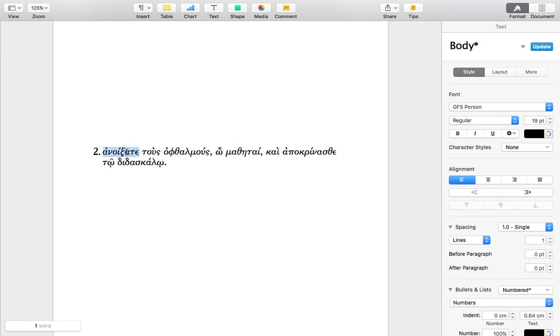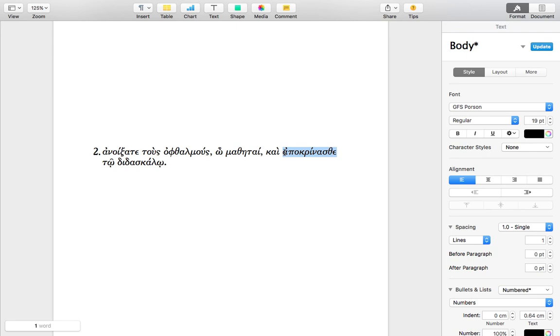So this is going to be an imperative, though, right? So open up your eyes, tus ophthalmus o mathetai. So, O students, open up your eyes. And apokrinaste, and this is a new verb as well.